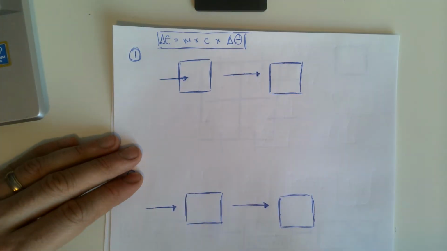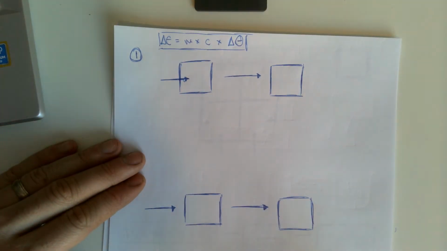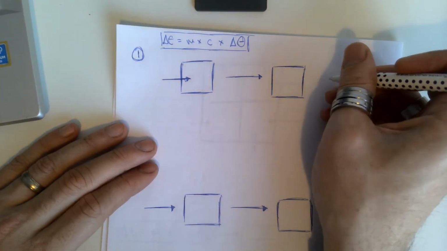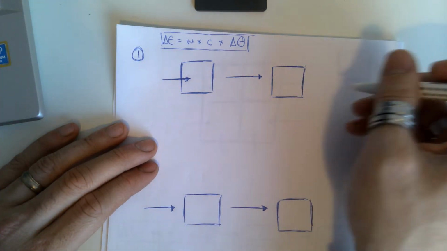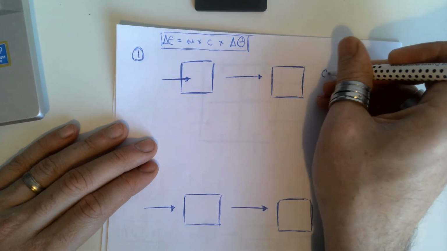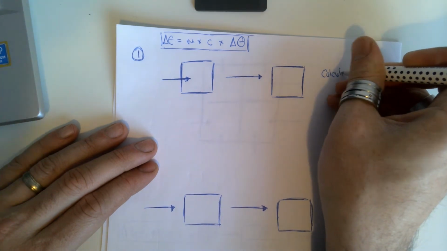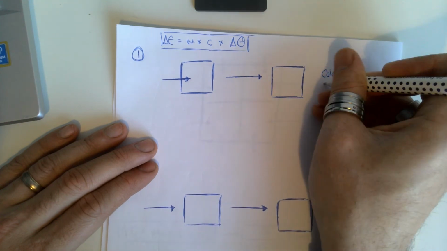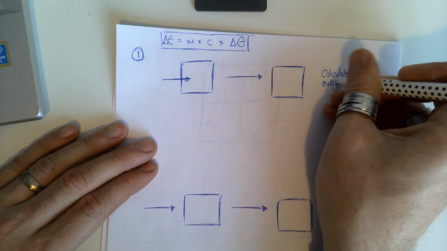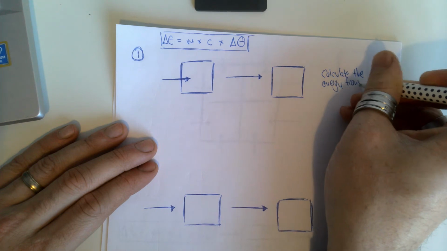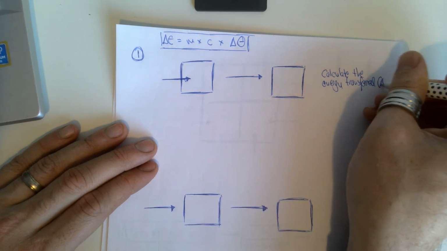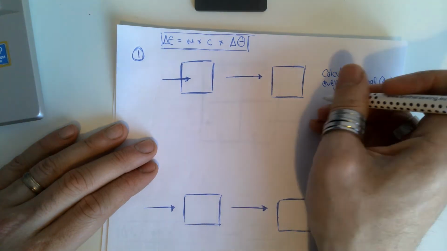If we look at our example here, we're going to imagine that these squares are water. I'm going to ask you to calculate the energy transferred, so our E, into the water.